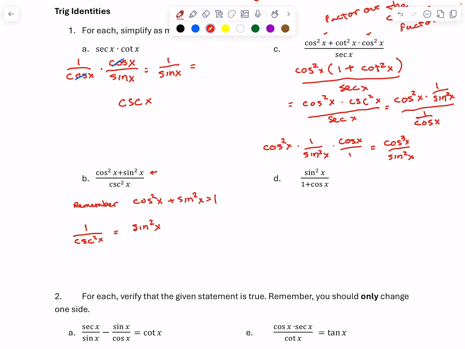So sine and cosecant are reciprocals. So 1 over cosecant is sine. 1 over cosecant squared is sine squared. But this last one requires a little trick. So this might be a level 3 question.